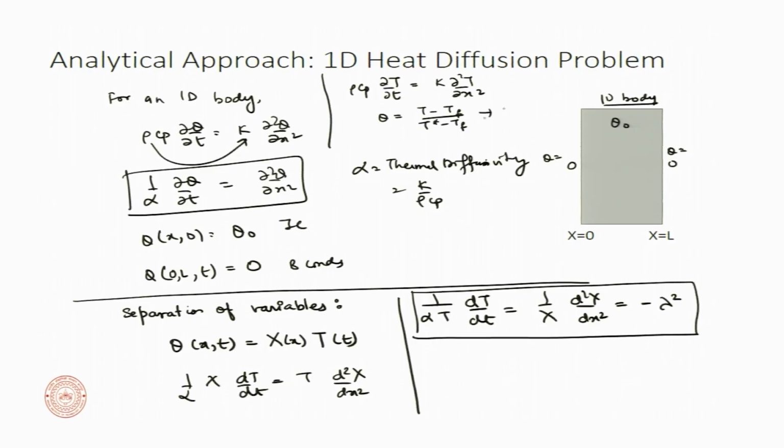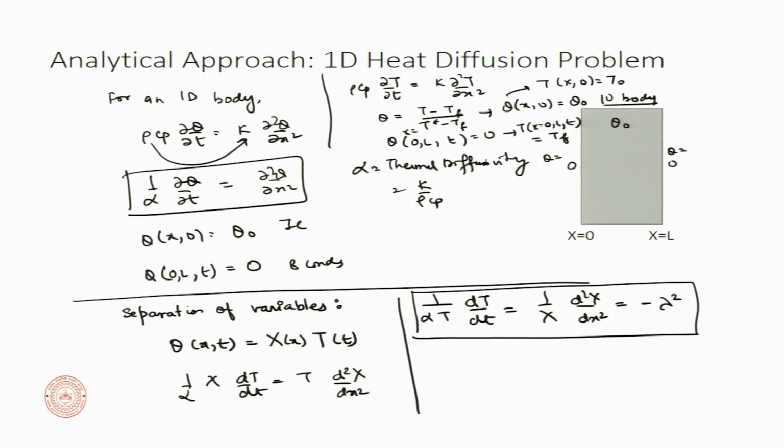It is such that theta at all x at time 0 equals theta naught, where our temperature at all x at time 0 equals T naught, and theta for the boundaries at x equals 0 and L at a given time t equals 0, which means the temperature at x equals 0 comma L at a given time t equals Tf.